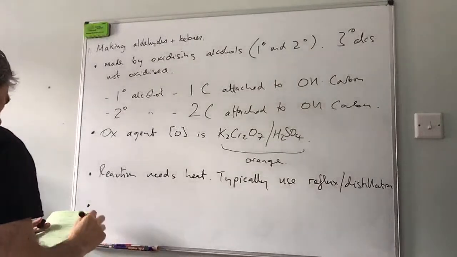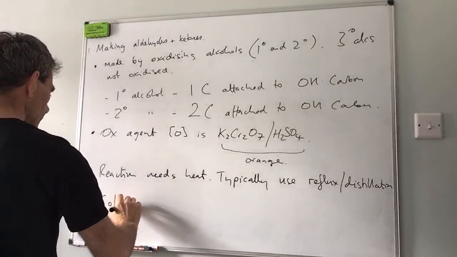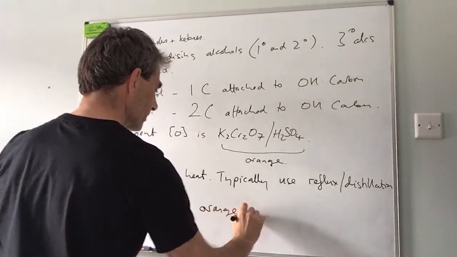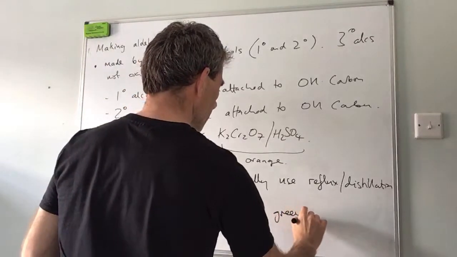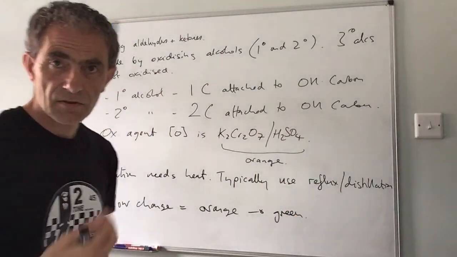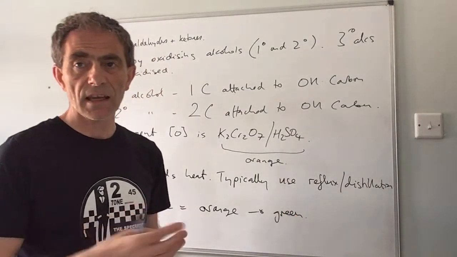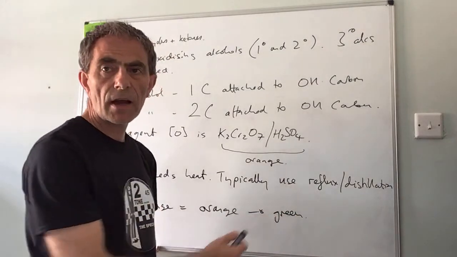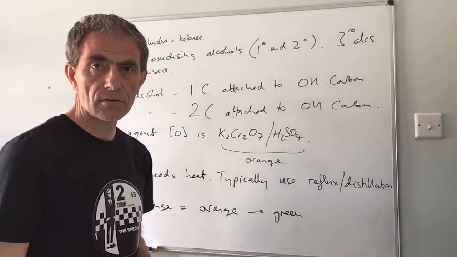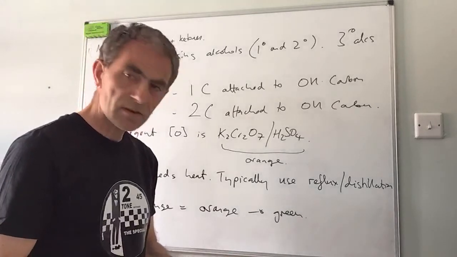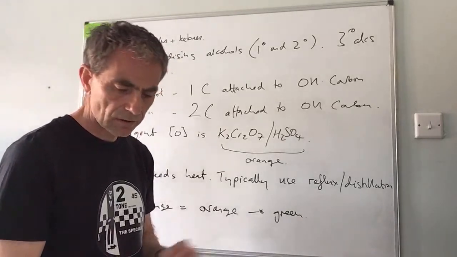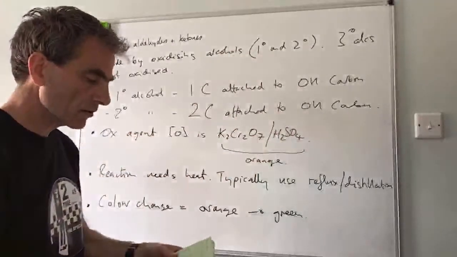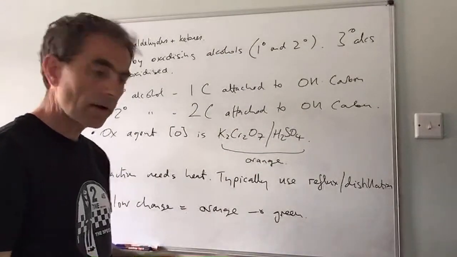So the colour change is orange to green. One of the most common mistakes I see when I'm marking students' work is students get the colour change the wrong way around and say green to orange. So just be careful. Such a simple little mistake, and it obviously costs marks. And then we'll go into actual alcohols now.